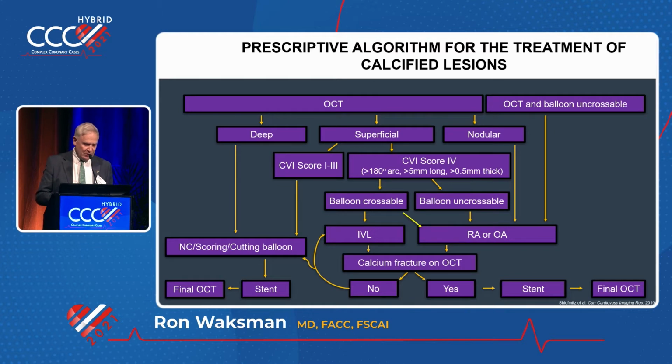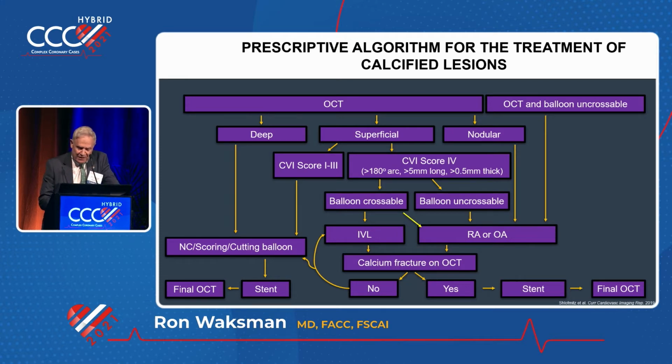But if I just take you to the bottom of this slide, you can see here on the very left, if it's a deep calcium, you can use a scoring balloon or cutting balloon. If you have a calcium fracture on OCT, you can use IVL.